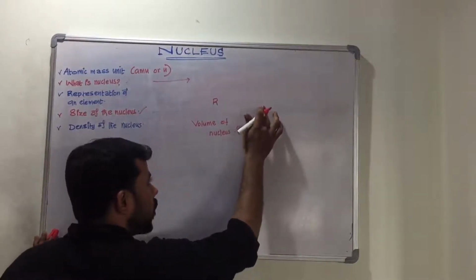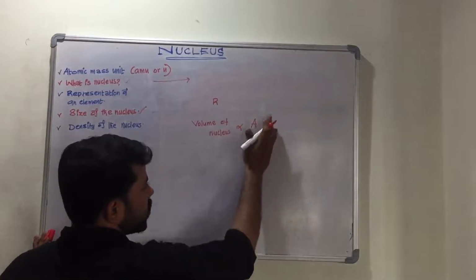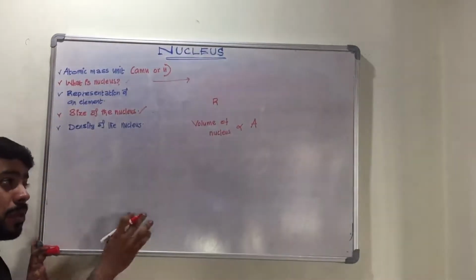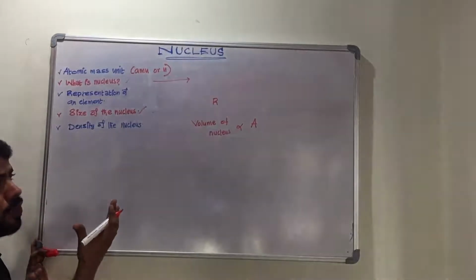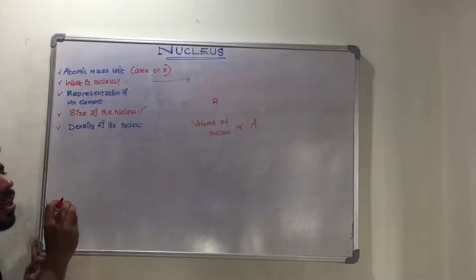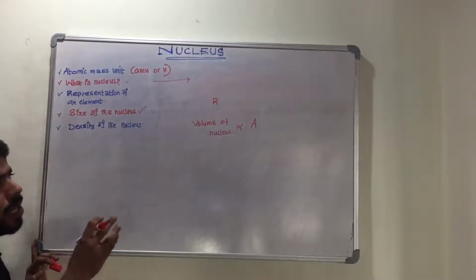As the mass number increases, volume also increases. As the mass number decreases, volume decreases. So the nucleus of bigger atoms is heavier, and the nucleus of smaller atoms is lighter.